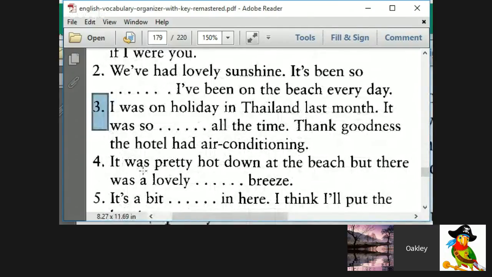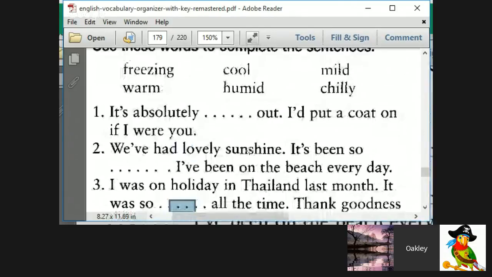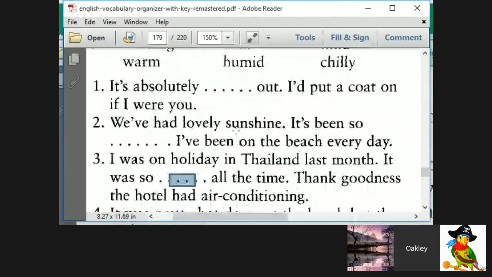I was on holiday in Thailand last month. It was so warm all the time.